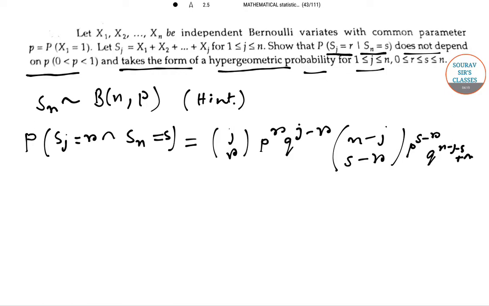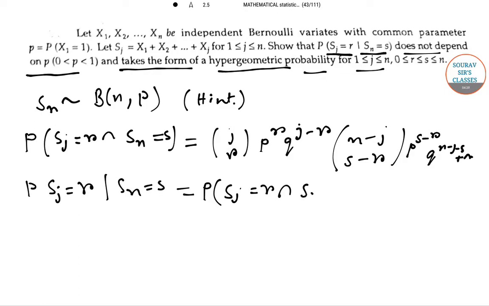Now from here we can write the probability of Sj equals small r given Sn equals small s equals the probability of Sj equals small r intersection Sn equals small s divided by the probability of Sn equals small s.